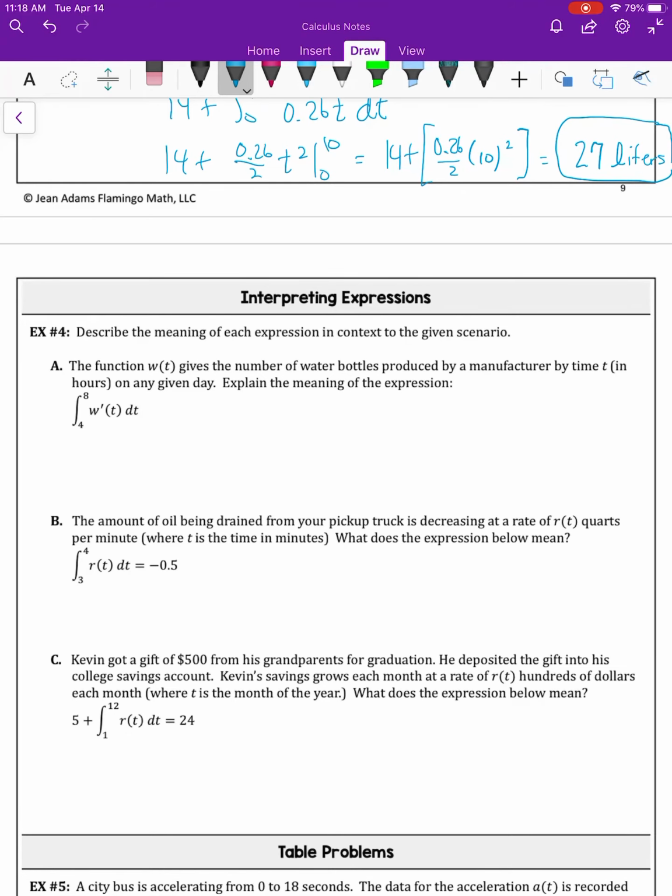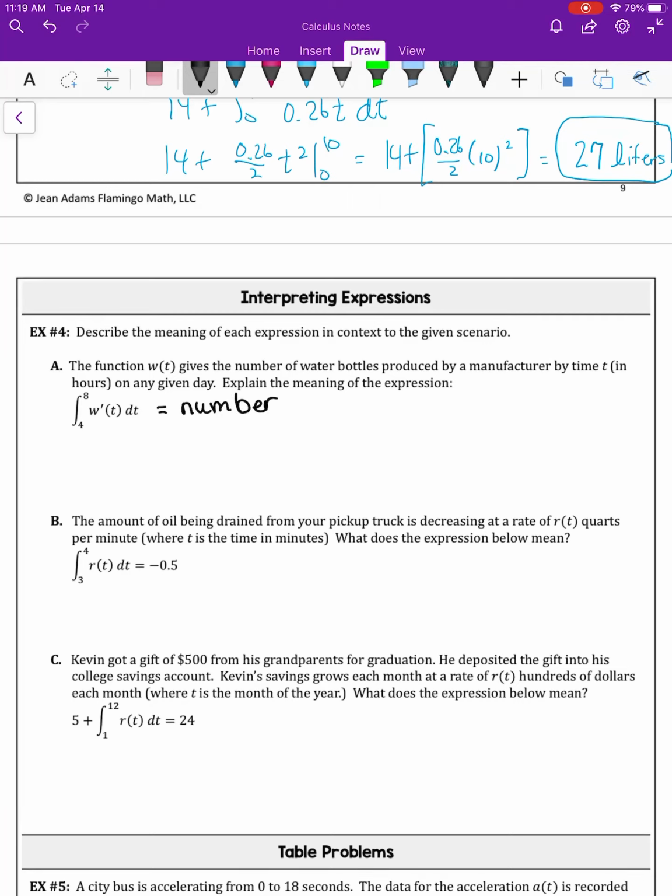Okay, example number 4. Describe the meaning of each expression in context to the given scenario. The function W of t gives the number of water bottles produced by a manufacturer by time t in hours on any given day. Explain the meaning of the expression.